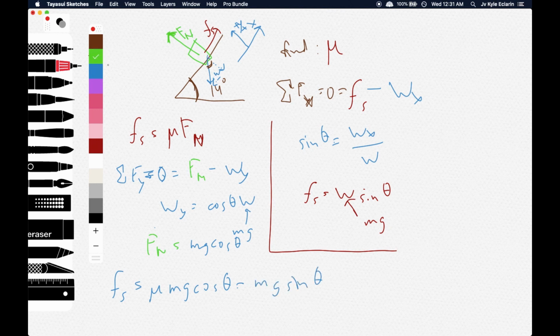Now the nice thing is that the mg's cancel out, and if we divide both sides by cosine of theta, we'll find that the minimum coefficient of static friction, which is mu, is equal to tangent of theta, where theta in this case is equal to 14 degrees.